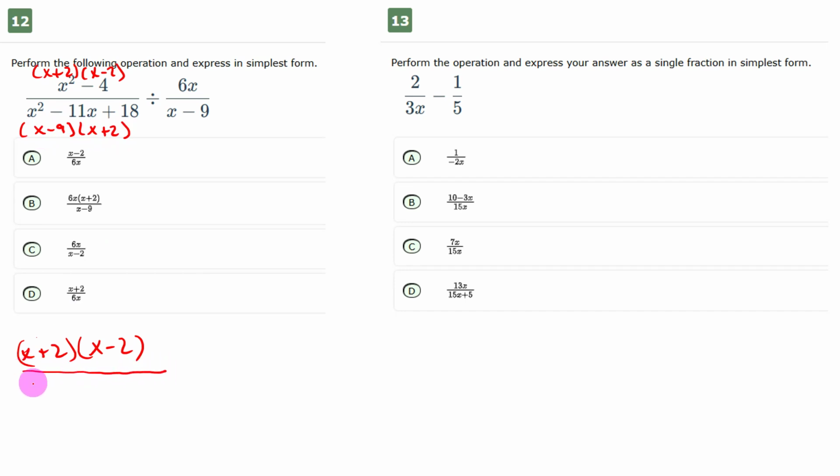Hope we're already seeing stuff that cancels out. And then we flip this one. So the x minus 9 goes on top, and the 6x goes on bottom. So my x plus 2's cancel out, my x minus 9's cancel out, and I'm left with x minus 2 over 6x.